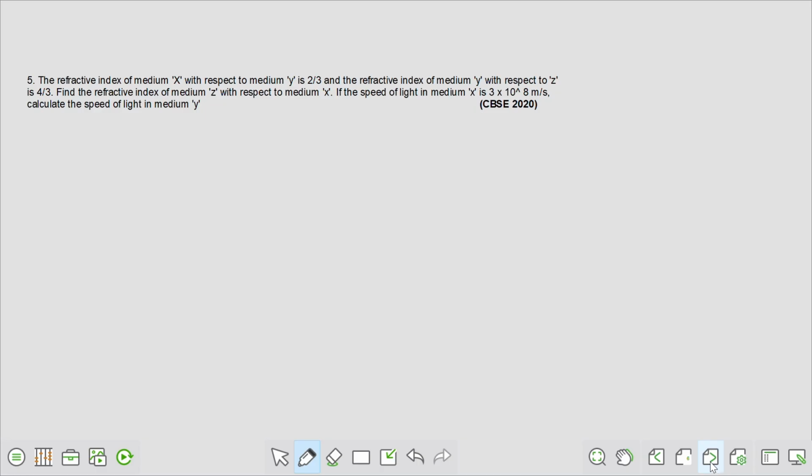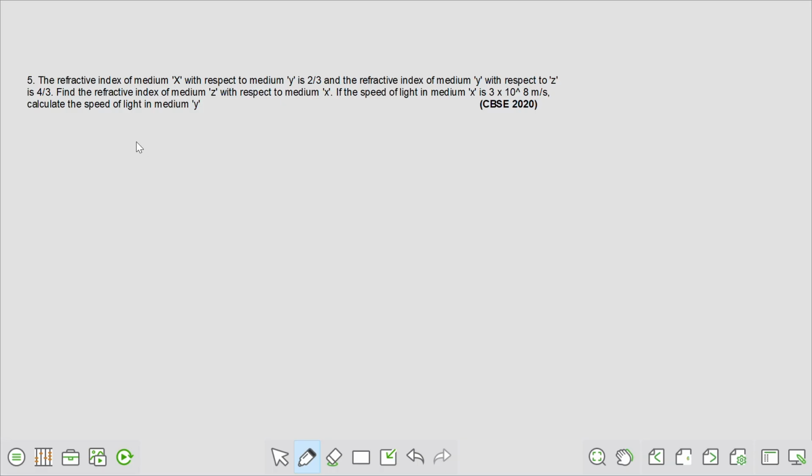Here the refractive index of medium X with respect to medium Y is 2 by 3. So how can we write the refractive index of X with respect to Y?